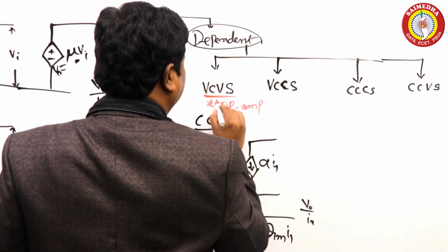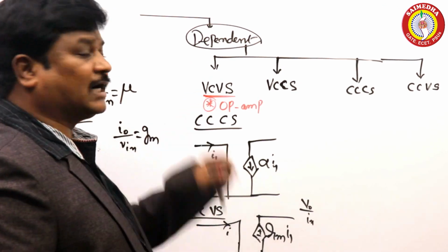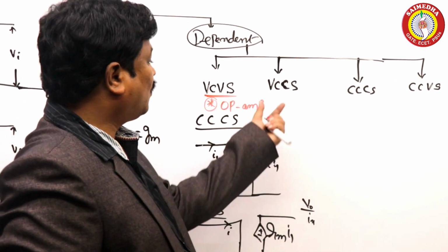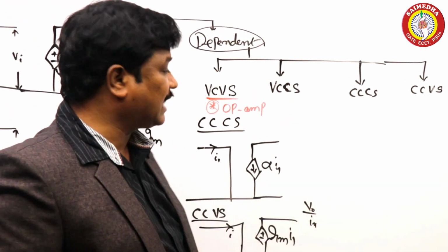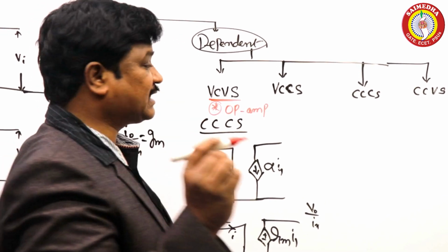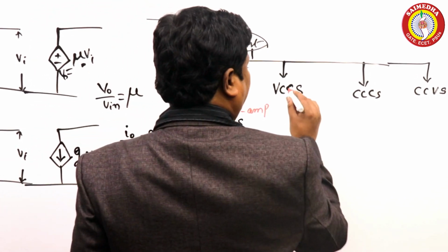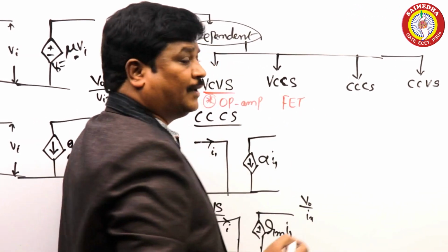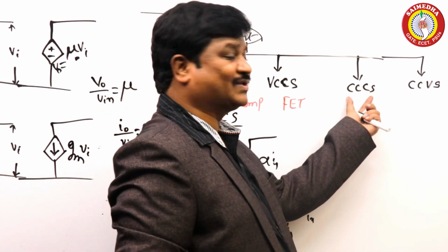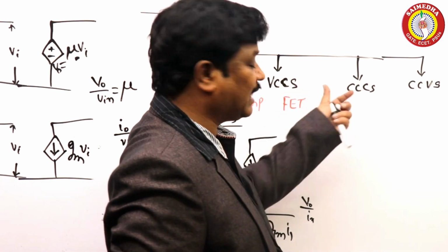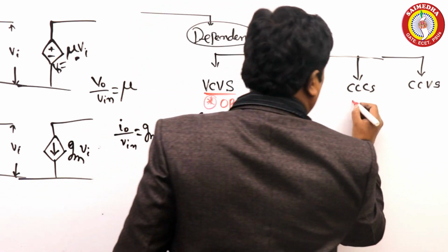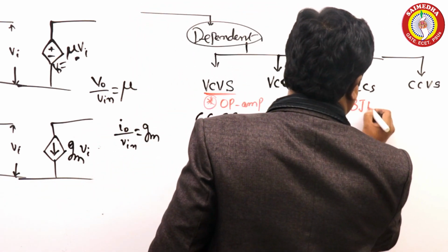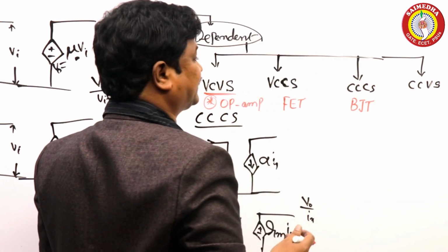Op amp is the best example for a voltage controlled voltage source. The best example for a voltage controlled current source is the FET, field effect transistor. The best example for a current controlled current source is the BJT, bipolar junction transistor.